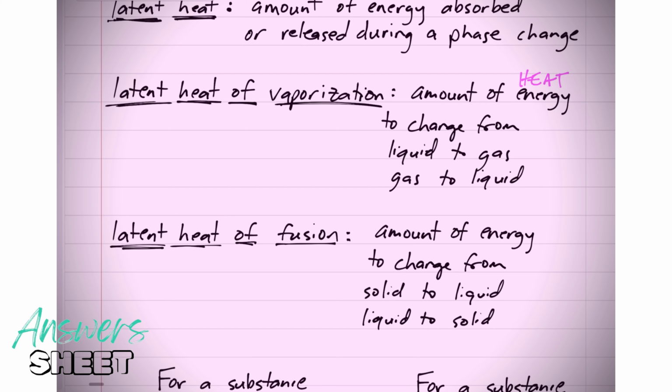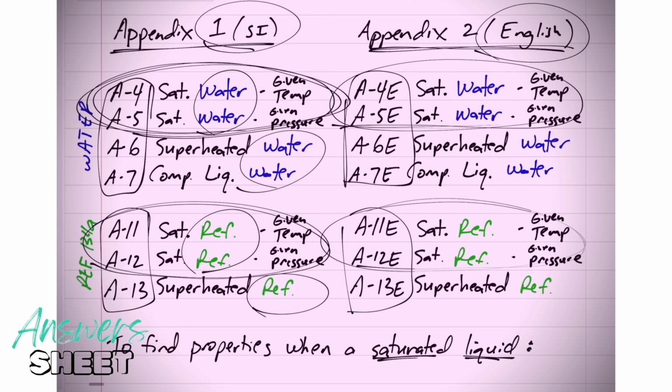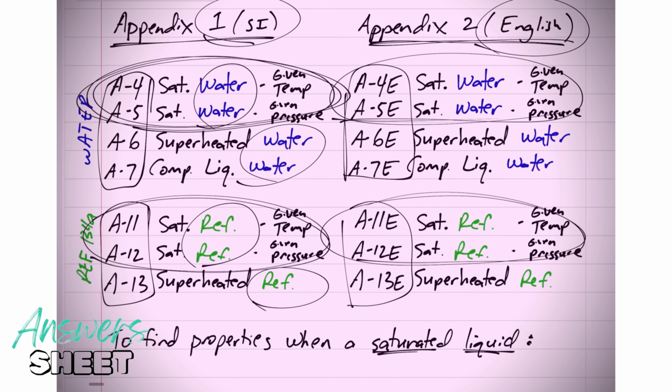Tables 4 and 5, or 11 and 12, are the saturated tables. Table 6 is superheated, and table 7 is compressed liquid.